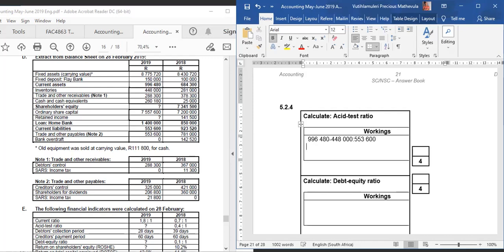Right, and then the ratio is equal to, do the calculation here, 996,480 minus 448,000 divided by 553,600.